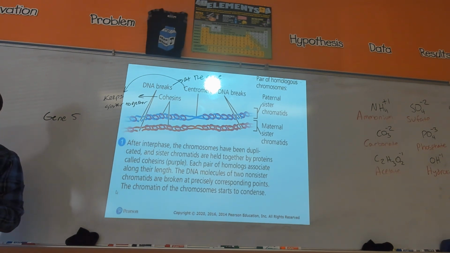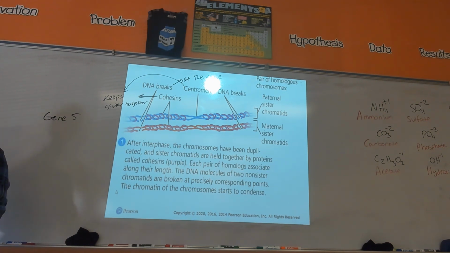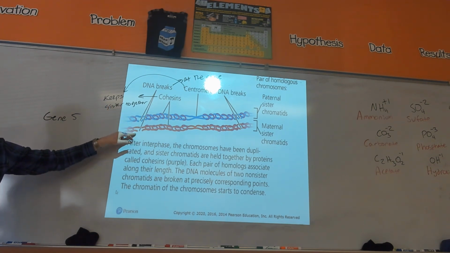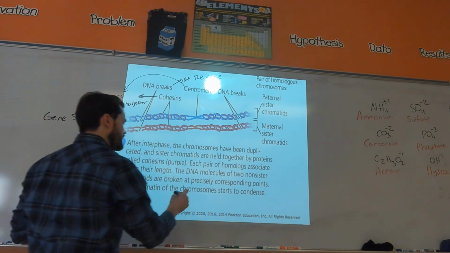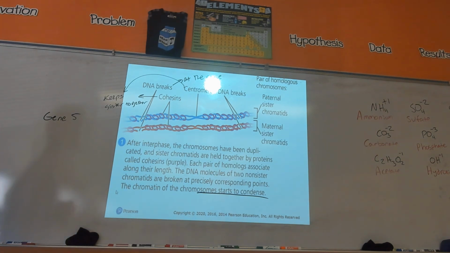Otherwise, it wouldn't make any sense to swap gene 5 from dad and say gene 7 from mom, because then you would have twice the copies of a gene on one parent and a missing copy of the gene on the other parent. And that wouldn't make any sense. So that's what's going on here. Another thing that's happening as this whole thing is going on is the chromatin is starting to condense even more.